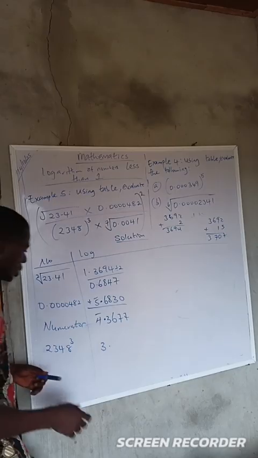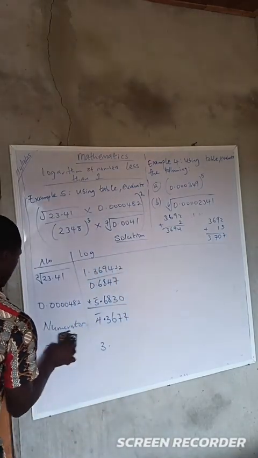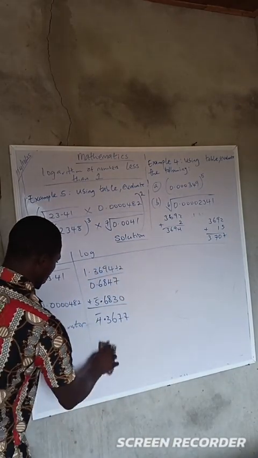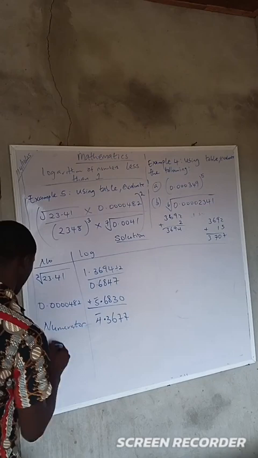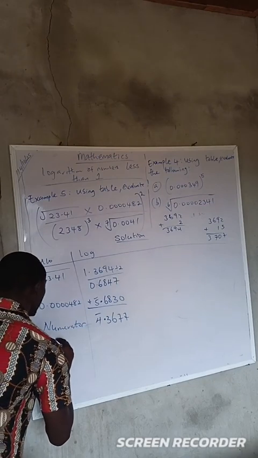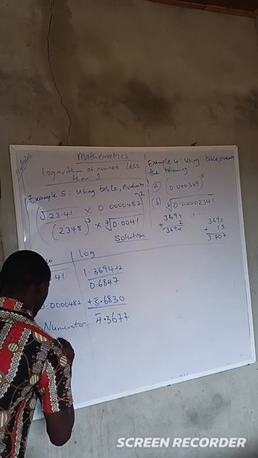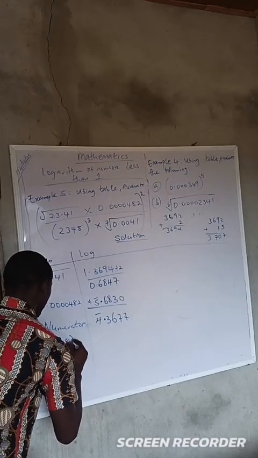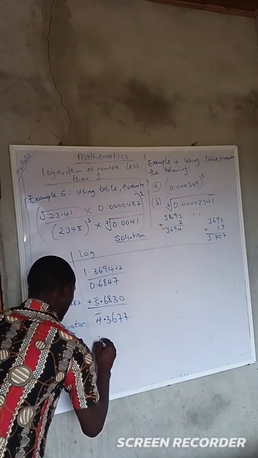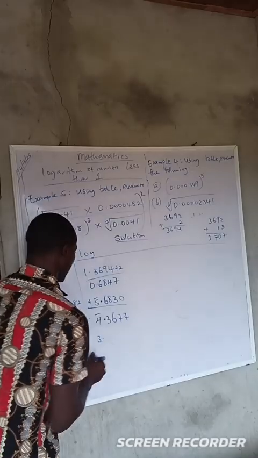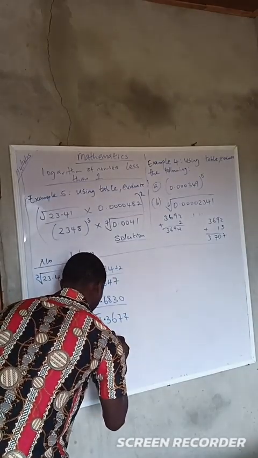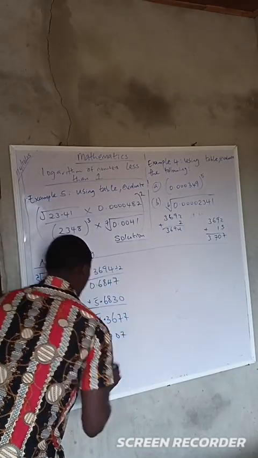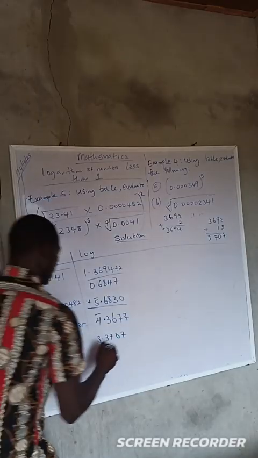Let me bring it up a bit. .3707. Alright, then times 3.